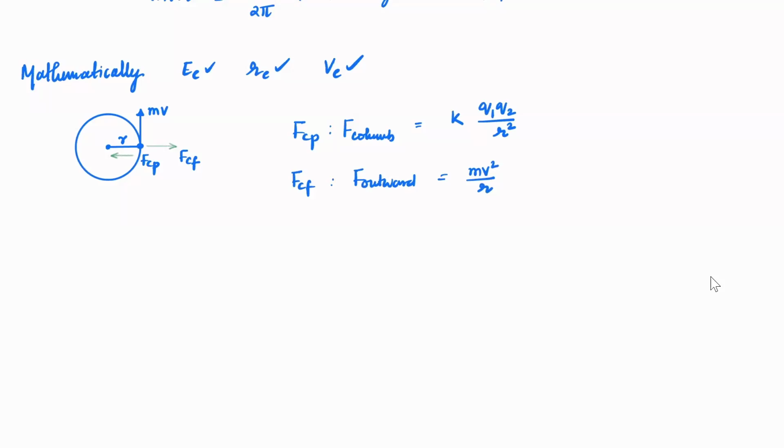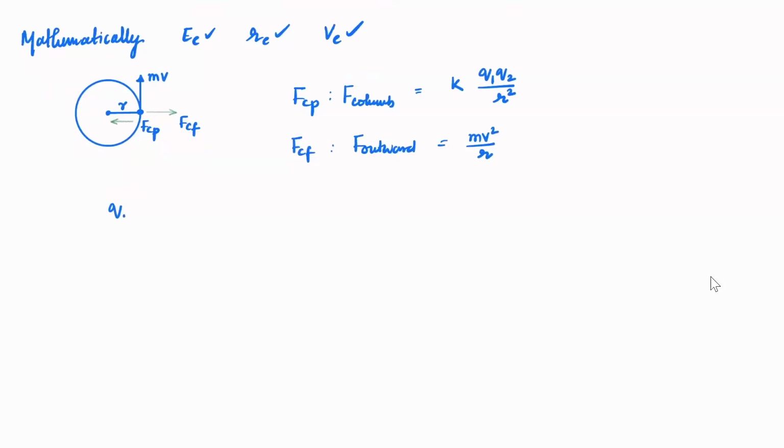Again, directly use this as a formula, do not worry about the derivation. Now equating these two: the charge of the nucleus is Z, the number of protons, into the charge of one proton, e, and q2, the electron charge, is e. Hence, I can write the Coulombic force or centripetal force as K Z e square by r square, and the centrifugal force as m v square by r.